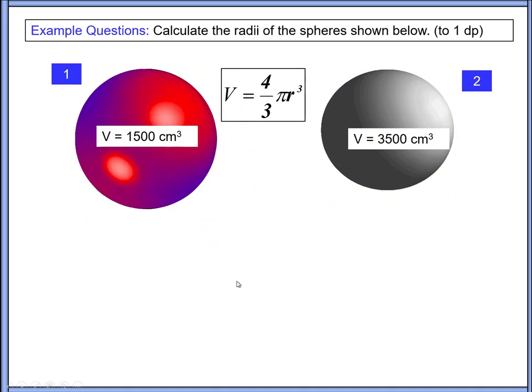Similarly, we can work out the radius using the volume. It's r cubed in this case, so when we're working it out, we're going to have to find the cube root. So we can write 4 over 3 pi r cubed equals 1500. Then we can rewrite as 4 pi r cubed is equal to 1500 times 3.